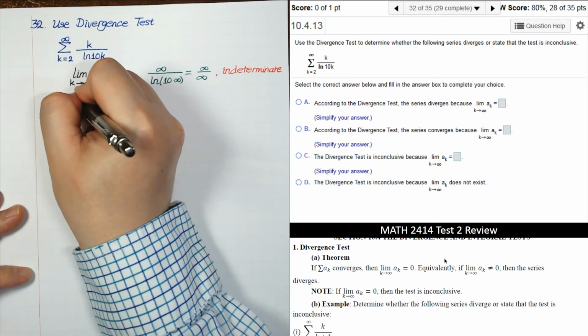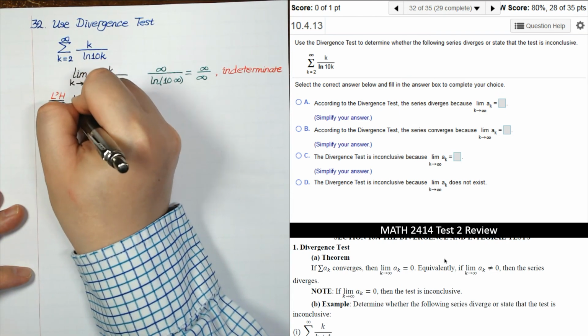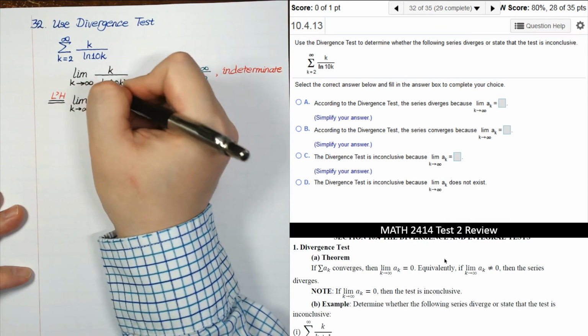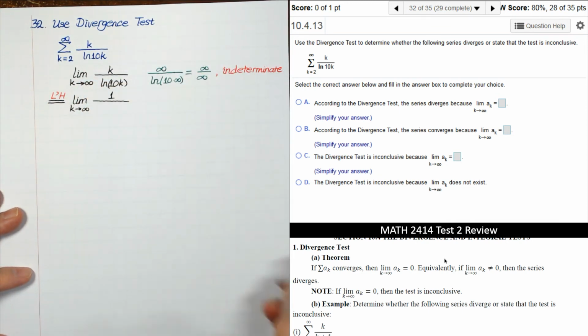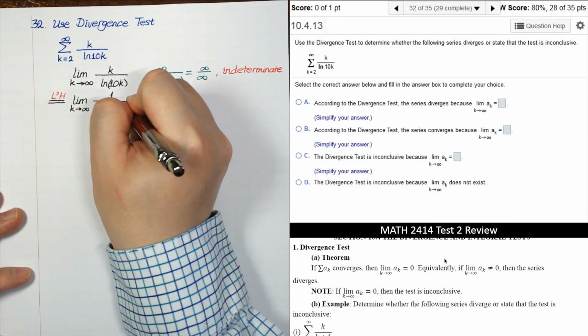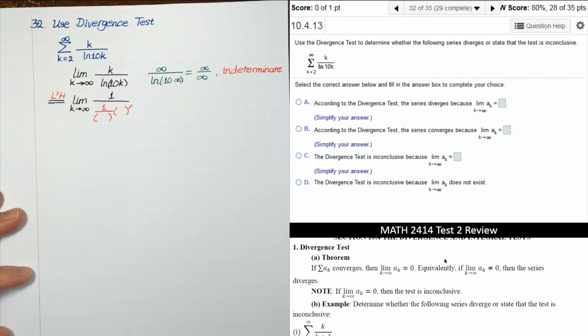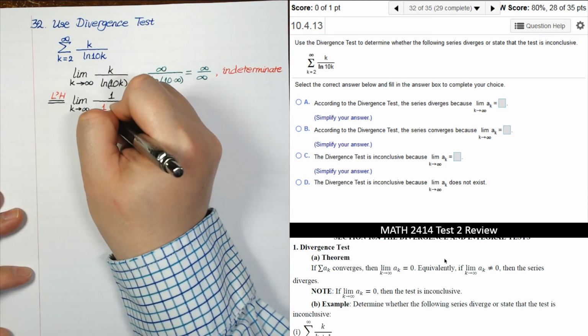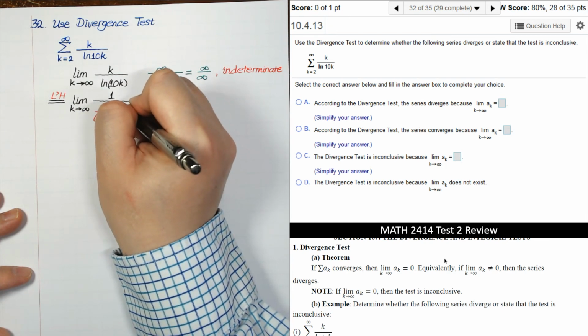I'll take the derivative of the top. Just 1. The derivative of Ln is 1 over, by the chain rule, the derivative of the parentheses, which is 10k.